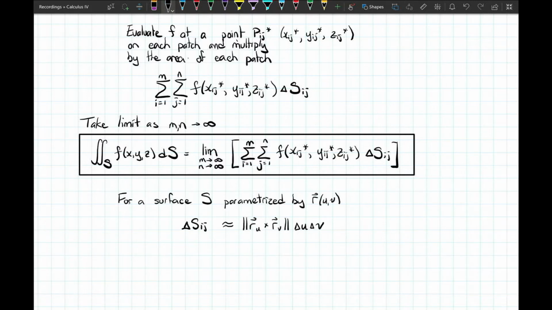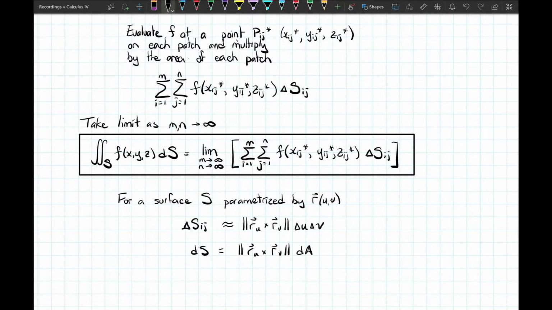Now, if you remember from a previous video, each of the areas of these little subpatches is approximately equal to the magnitude of the cross product of the partial derivatives ru and rv, times delta u delta v. But as m and n go to infinity, we say that dS is equal to the magnitude of the cross product ru and rv dA.